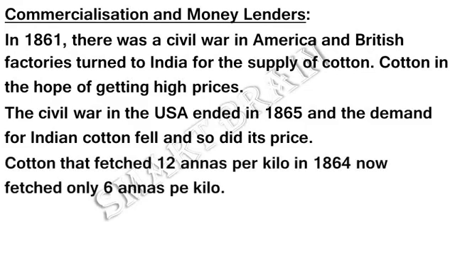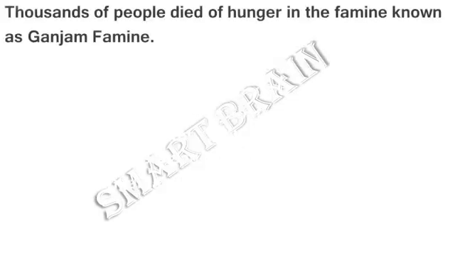Cotton that fetched 12 annas per kilo in 1864 now fetched only 6 annas per kilo. Thousands of people died of hunger in the famine known as Ganjam famine.